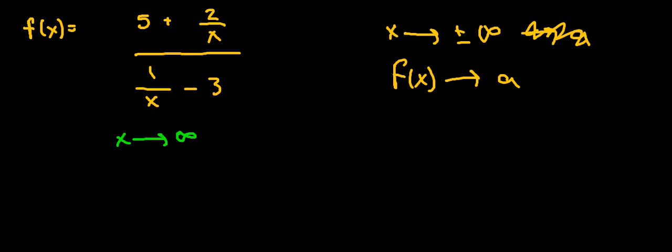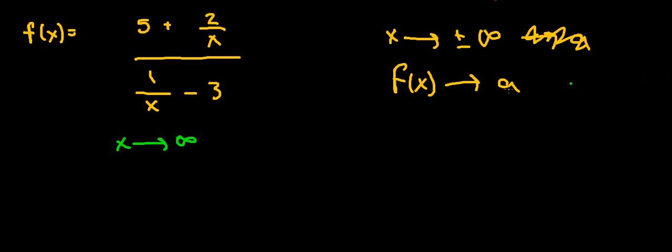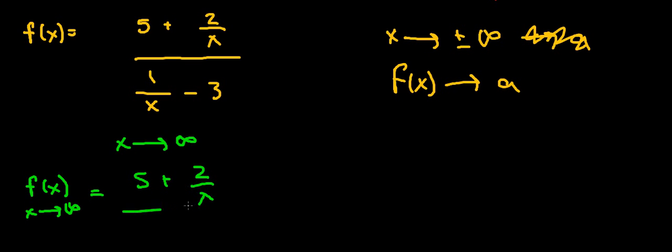So we can write this. Later on in calculus, the proper notation is the limit of f of x as x goes to infinity, for the function 5 plus 2 over x, and then 1 over x minus 3.